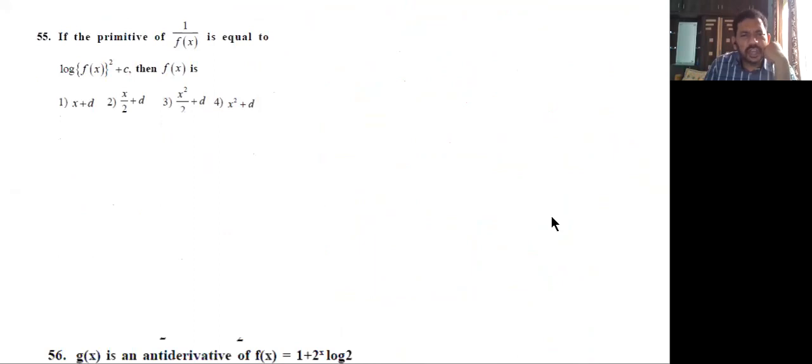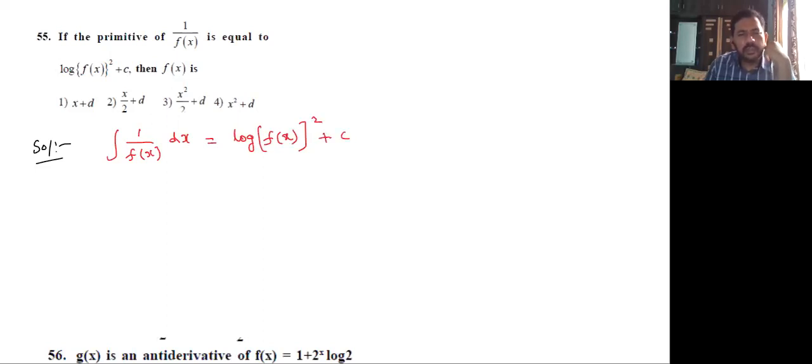So they are given integration 1 by f of x dx is equal to the logarithm of f of x whole square plus c. But what is f of x they are asking?